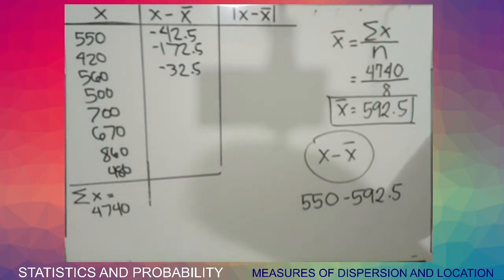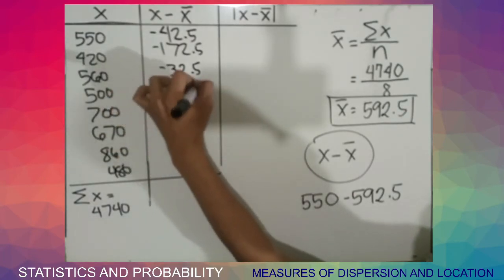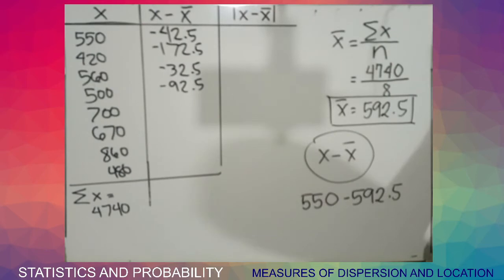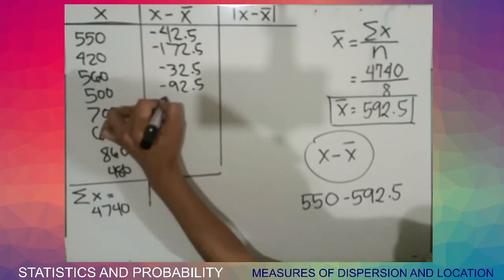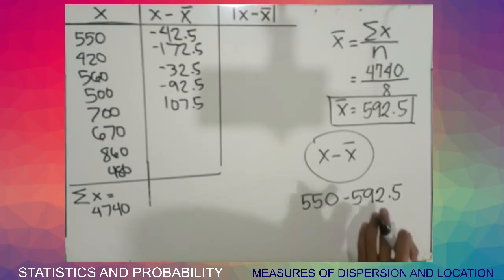So, next. 500 minus 592.5. Okay? So, negative 92.5. Next, 700 minus 592.5. So, 107.5. So, since si 700 ay mas mataas na sa 592.5, so kaya positive yung lumabas na sagot.